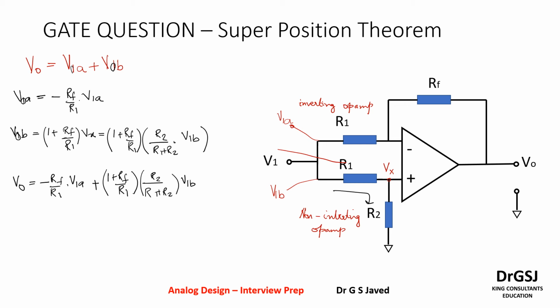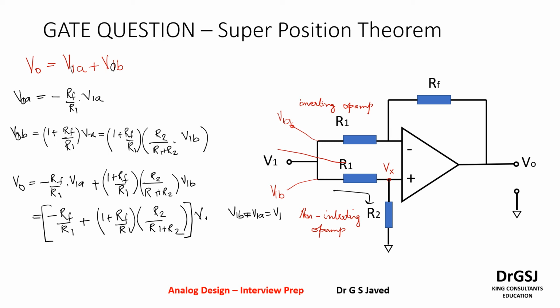Now in this particular case where V1B and V1A are equal to V1, we can simplify this as minus Rf by R1 plus 1 plus Rf by R1 times R2 by R1 plus R2, whole times V1.